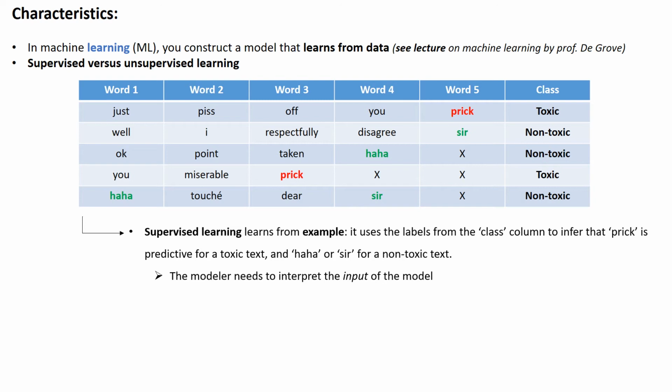This means that the cost of human labor when you want to build such a model is in the beginning stage. It's when you want to generate a lot of training data, you have to do the manual work and you have to infer the class of particular text as being toxic versus non-toxic. And the machine will then by itself learn what is predictive for such a class.